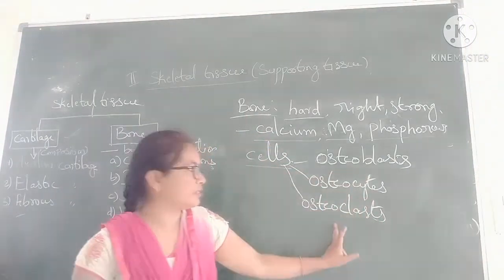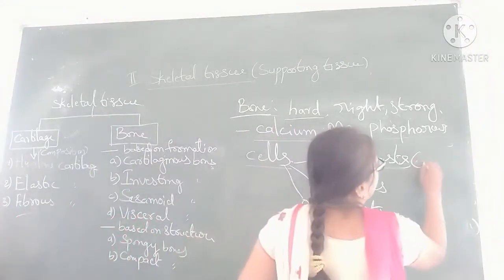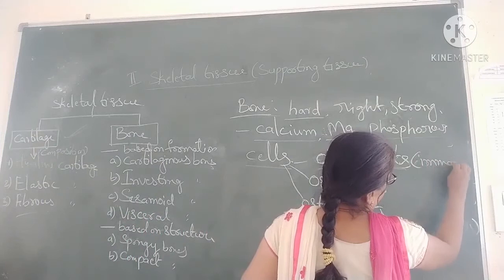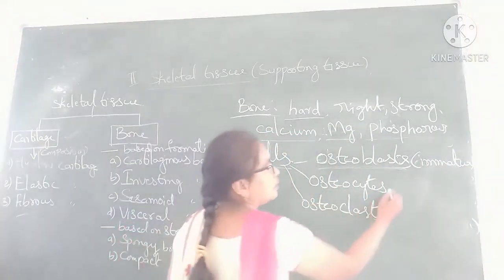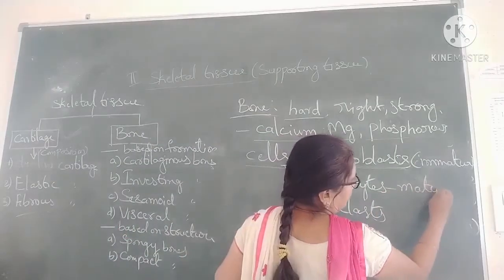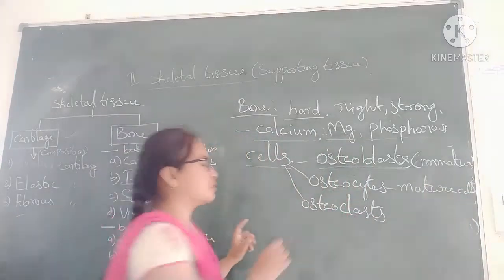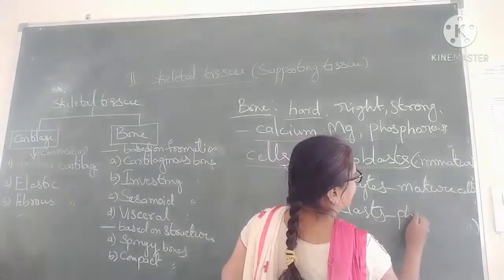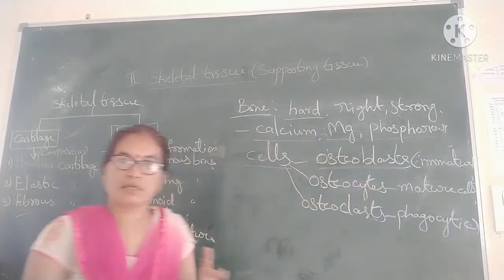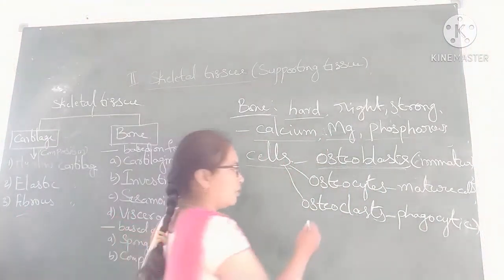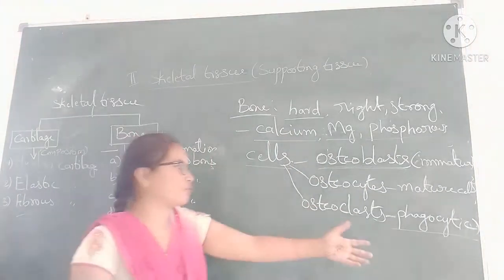The osteoblasts are immature cells, and osteocytes are matured cells. Osteoclasts are phagocytic, meaning they engulf the other extra parts.